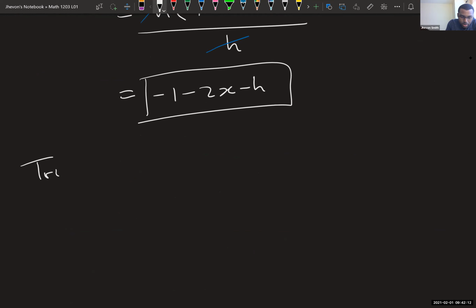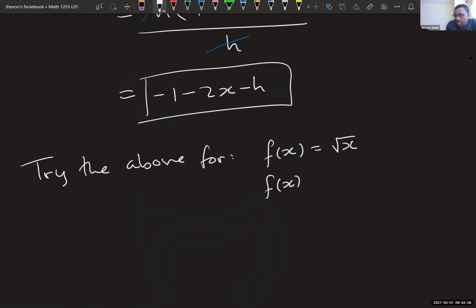Maybe you guys can tell me what you get on Thursday. Try the above for, say, square root of x, or f of x equals 1 over x squared, or f of x equals 2 plus x minus 3x squared, or something like that.